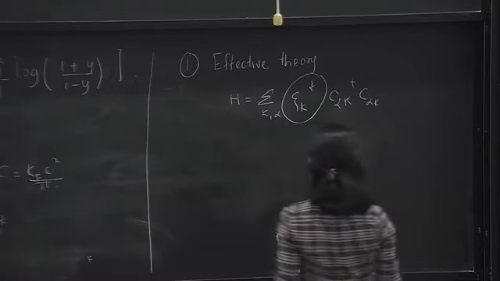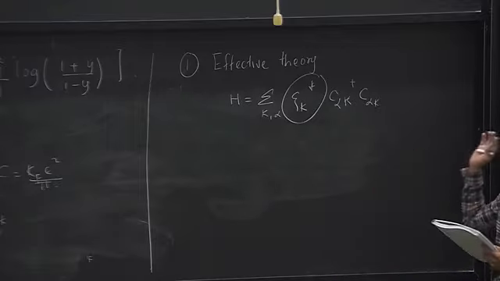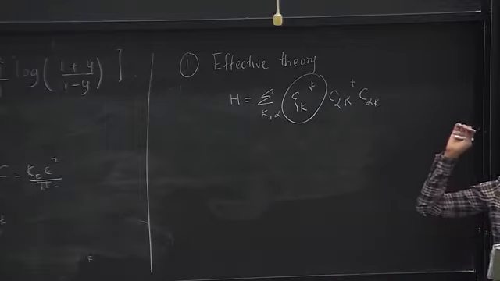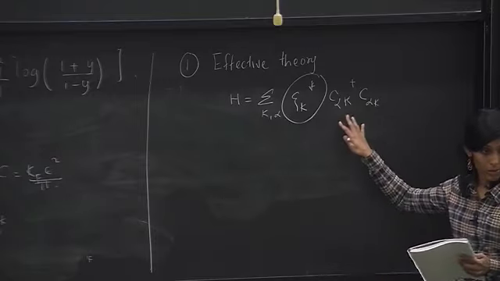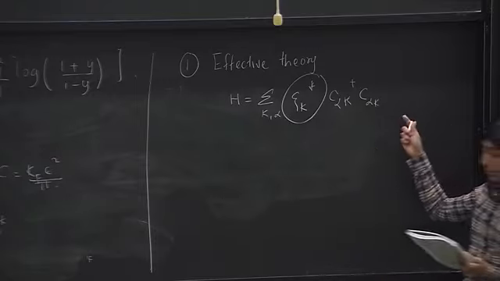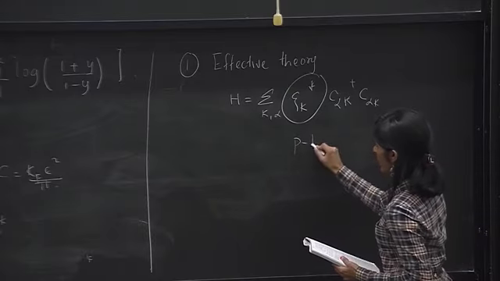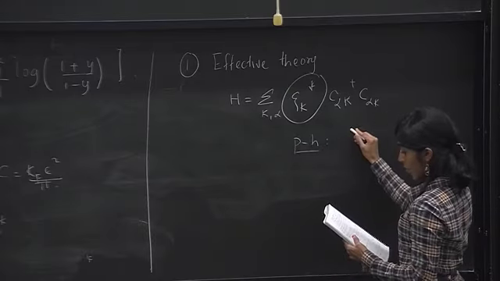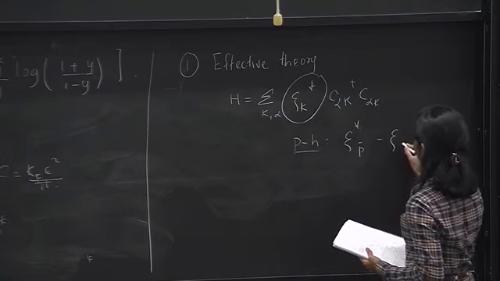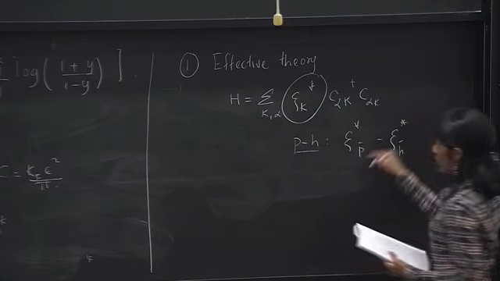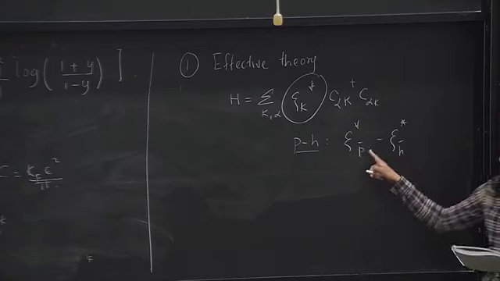And so in particular, this means that there is a one-to-one correspondence between the states of the free problem and the states of the interacting problem. It means that the energy of a particle-hole excitation that we discussed is now modified to psi star p minus psi star h, p and h being the momenta of the particle and the hole.